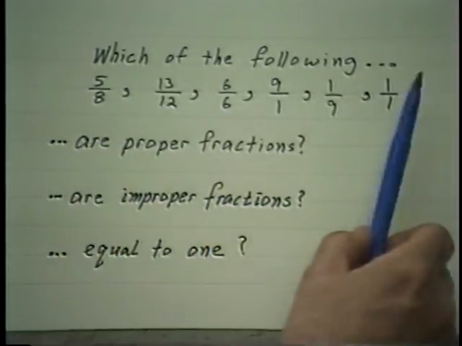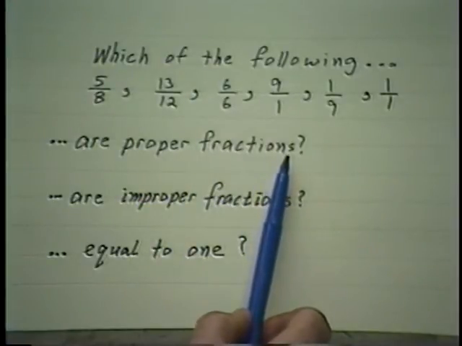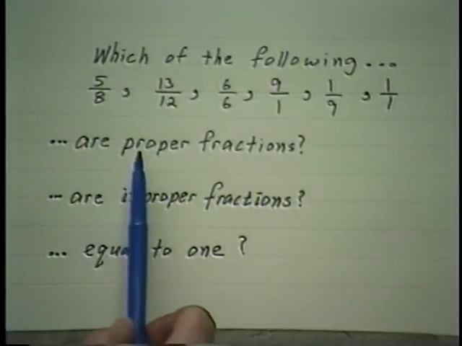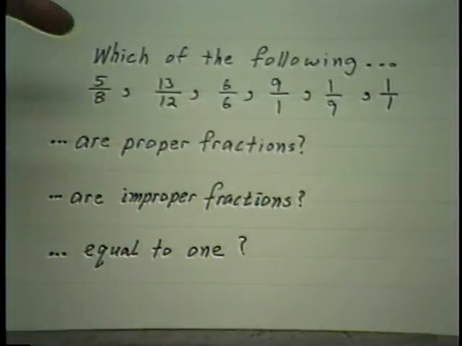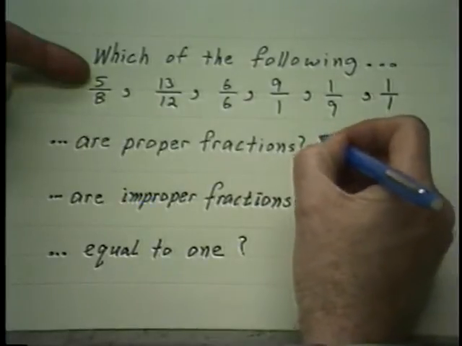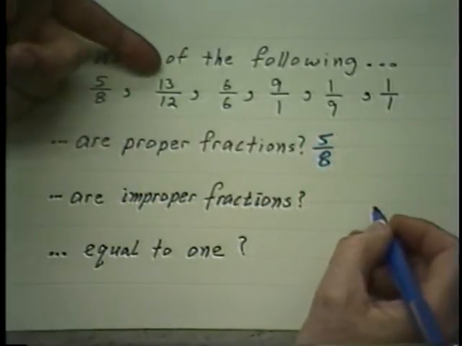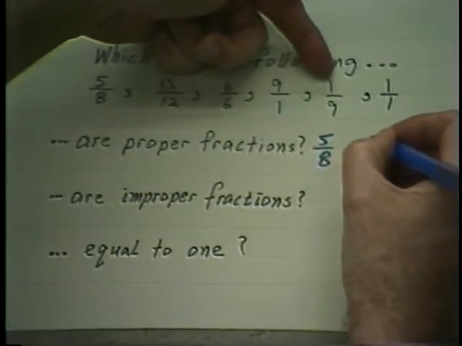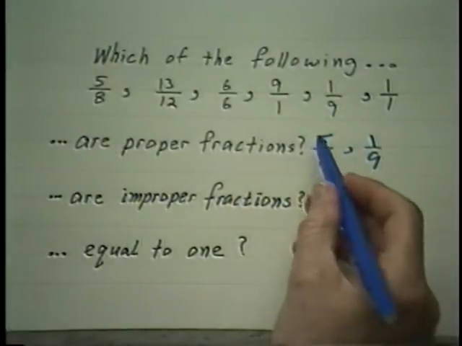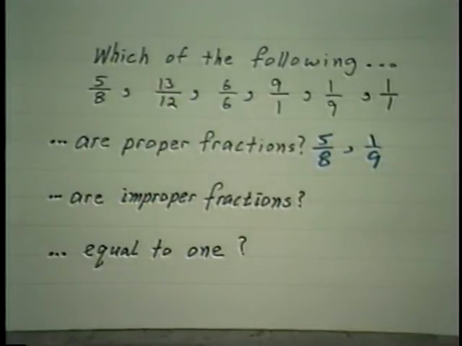Okay? Which of these are proper fractions? That's really asking, do you know what a proper fraction is? And hopefully you'll say yes, any fraction where the top is less than the bottom. So that one is. That one is not. That one is not. That one is not. That one is. The tops are less than the bottom.